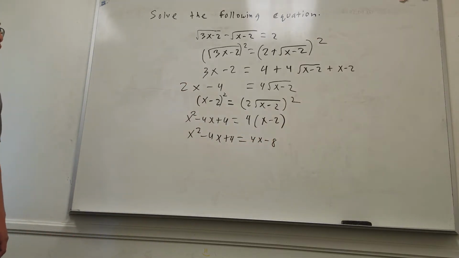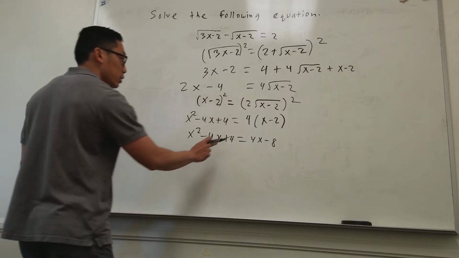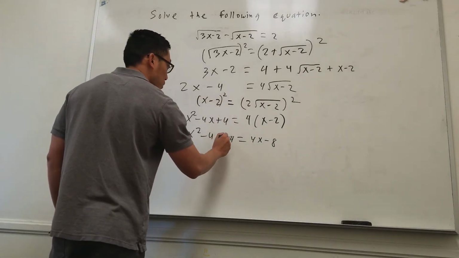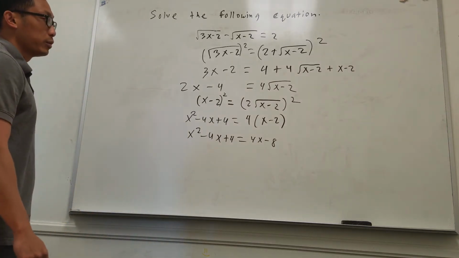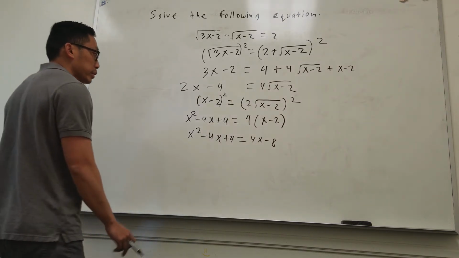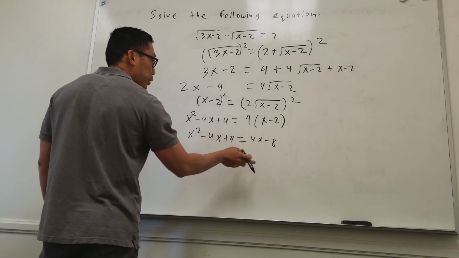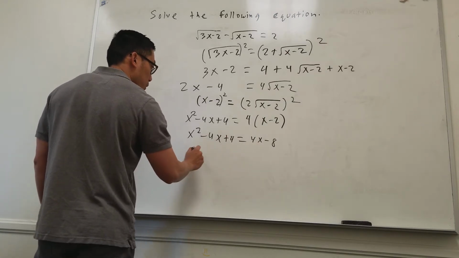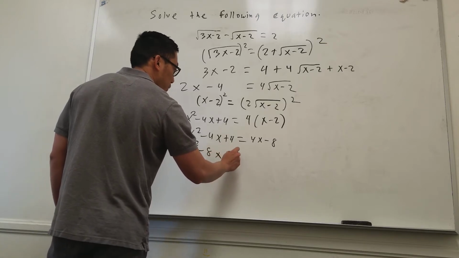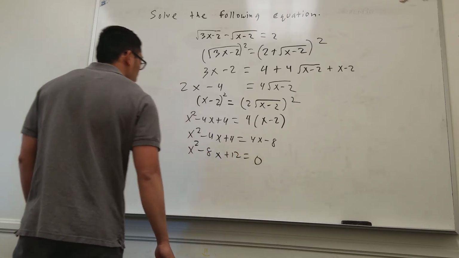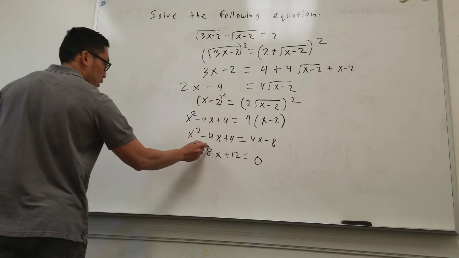Okay? Now what? We combine like terms, right? Because this becomes a quadratic. We set one side equal to 0, so it's going to be x squared minus 8x plus 12 equals 0. Go ahead, take a second to factor that out.